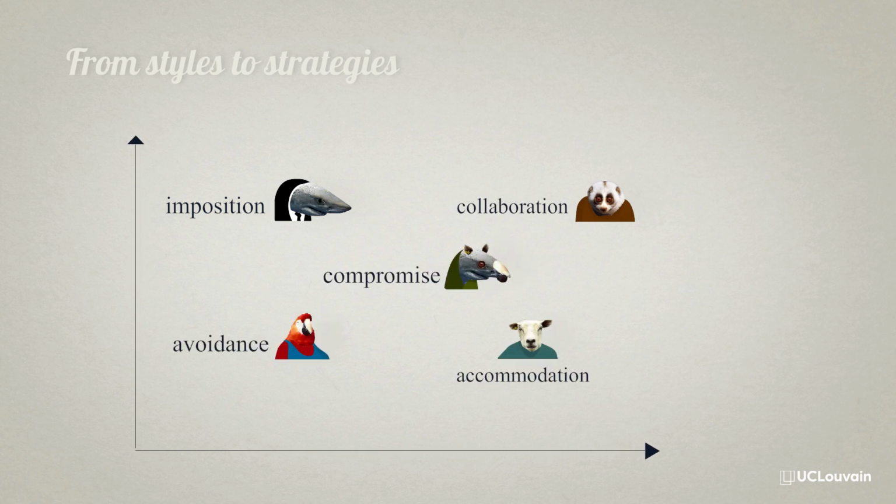As a reminder, according to the model, the 5 styles of conflict management depend on 2 dimensions: the level of assertiveness of a person and his or her level of cooperativeness. To these 2 main dimensions, Cite and Rubin propose matching 2 main questions that people must ask themselves.